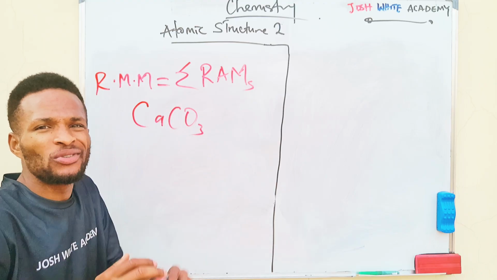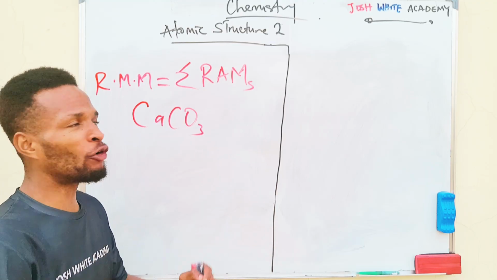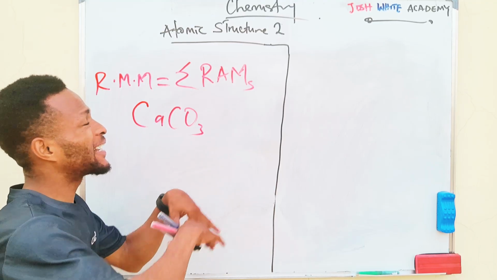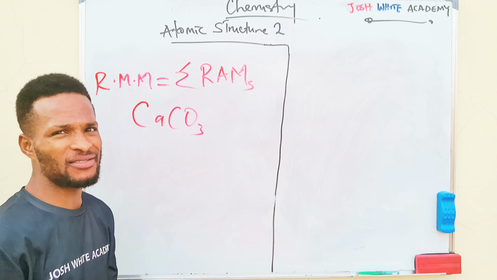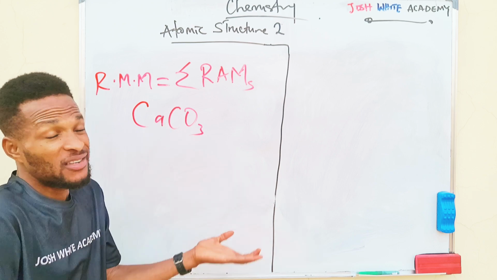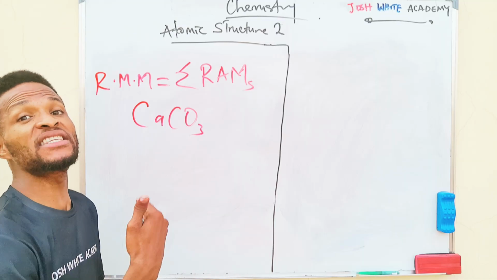So, please take note. There is no need for you to cram or master all the relative atomic masses of elements in the periodic table. It's still good if you can, because most times in questions they always give you.